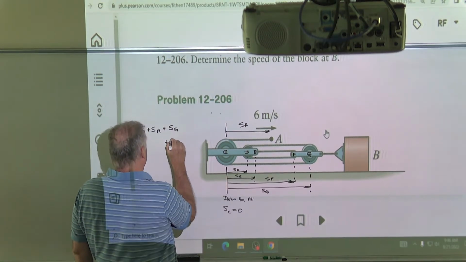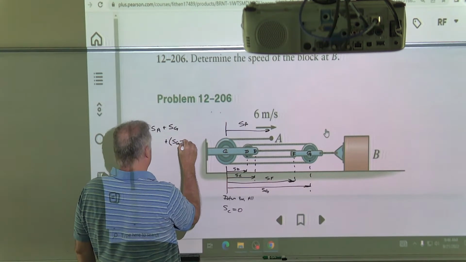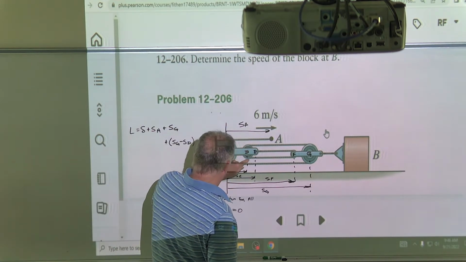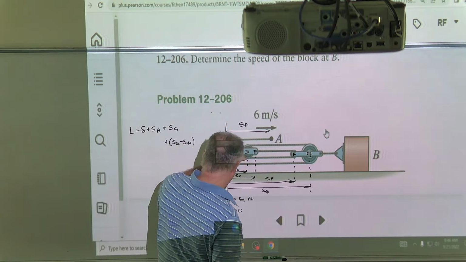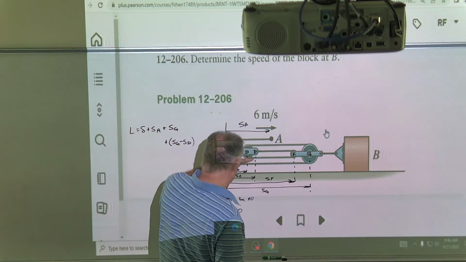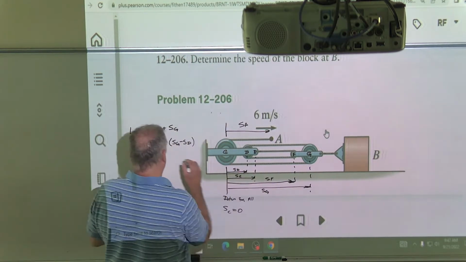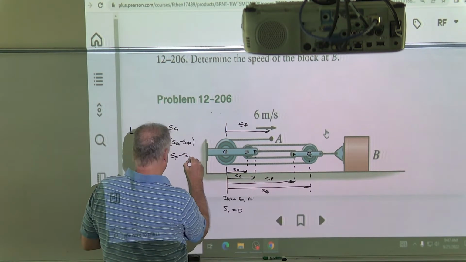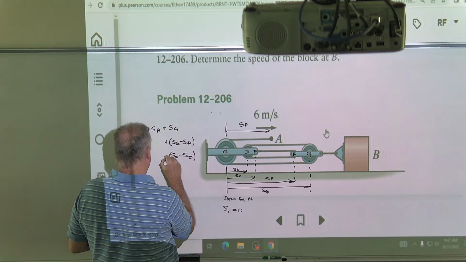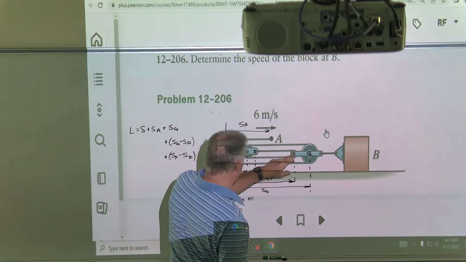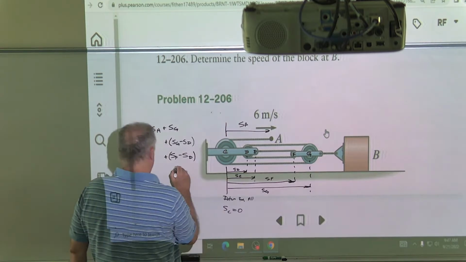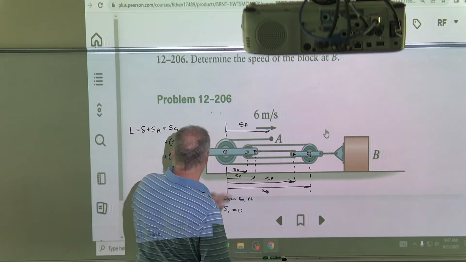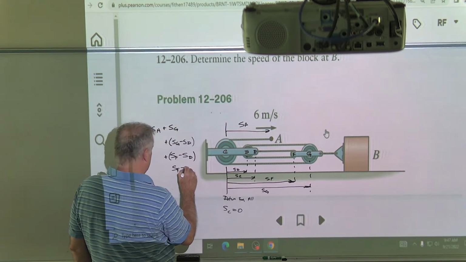I'm kind of running out of room. SG minus SD. That covered me back to here. Then I come to here, SD minus SF minus SD. Okay, that got me to here. And then SF, this part from here, SF to SE. SF minus SE.